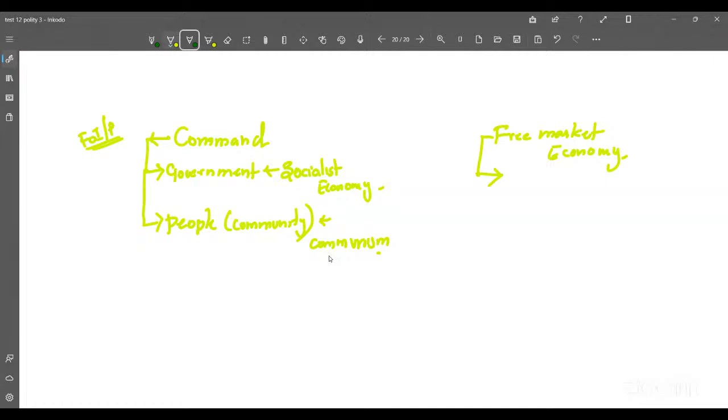Free market economy is nothing but the economy where the demand and supply, in other words, we call them as market forces. If the market forces control the economy, we call that as capitalism. Free market, laissez-faire.